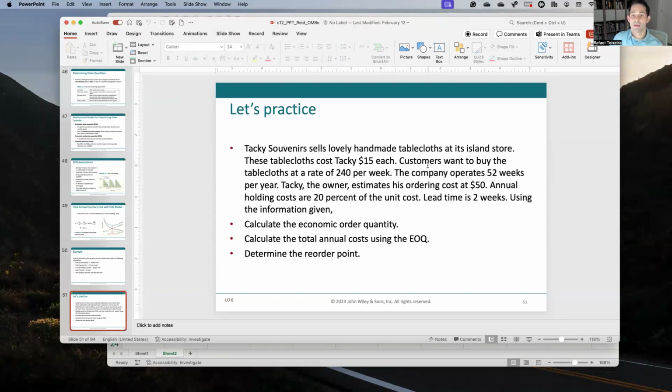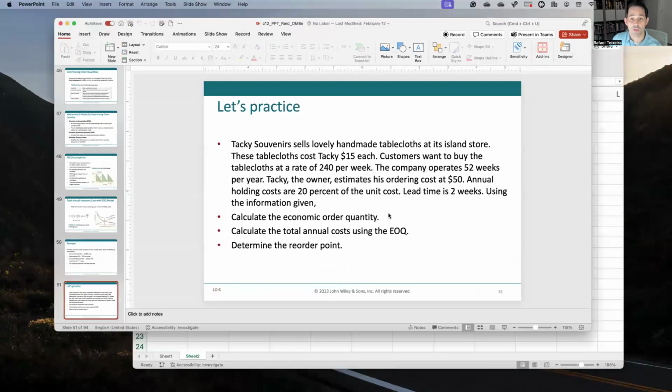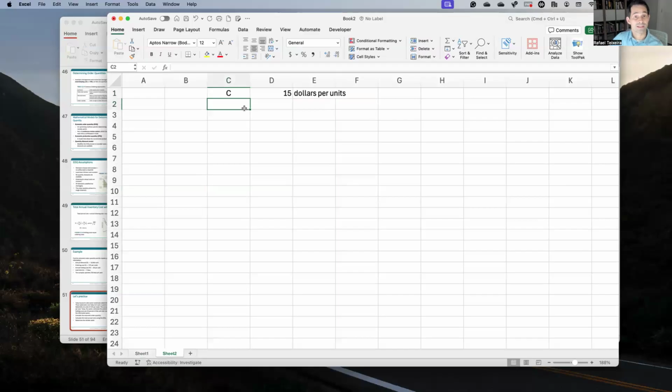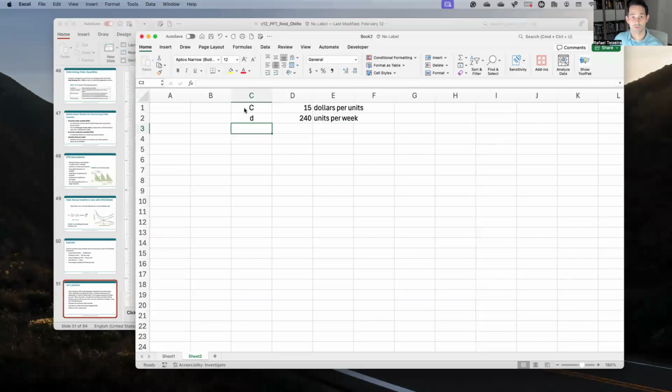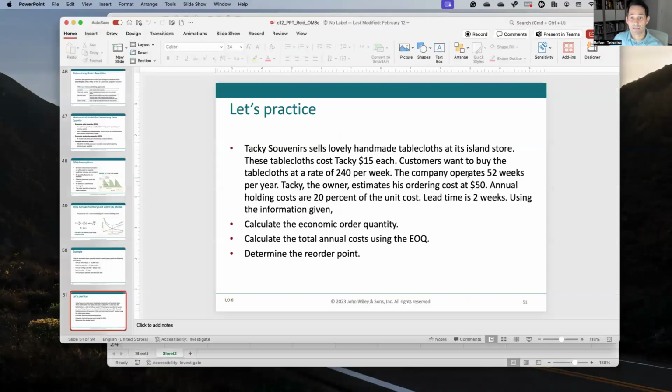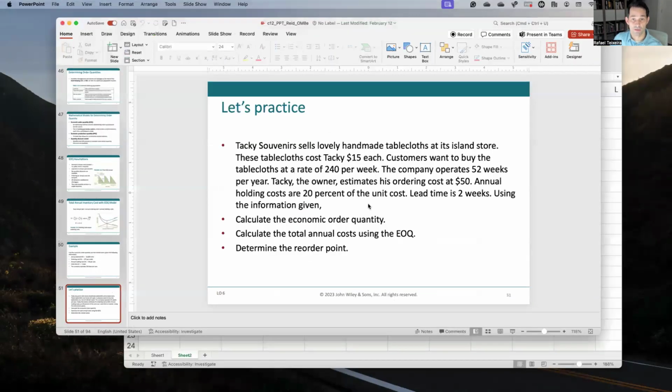Tablecloths. Okay. Customers want to buy the tablecloths at a rate of 240 per week. So this is 240 per week, lowercase d, because it's not per year. So it's 240 units per week. Okay, let's go to the other information. The company operates 52 weeks per year.